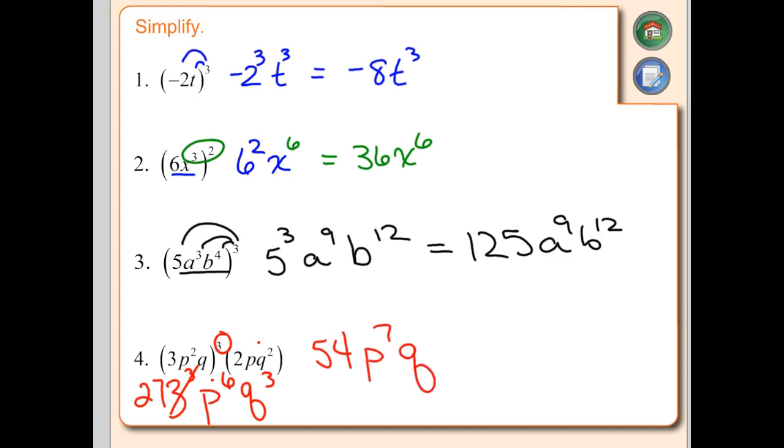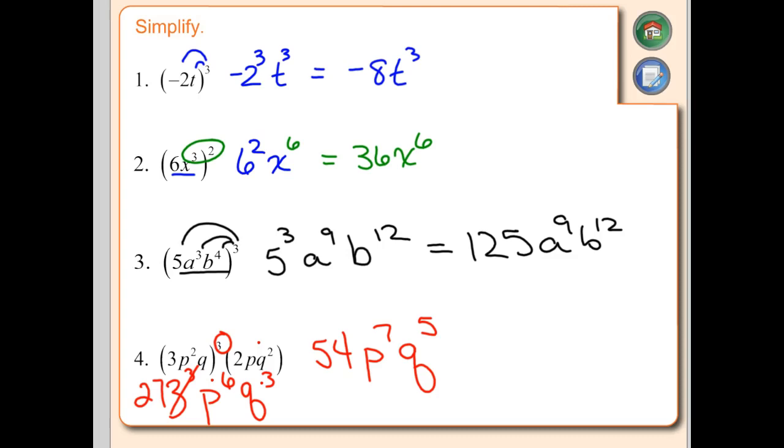And when we look at our q's, we've got q cubed and q squared, which is q to the 5th. Now, again, we're in algebra, so it's a number thing and it's a letter thing. So I go ahead and take care of my numerical coefficients as I need to, and then I look at my same base and take care of exponents.